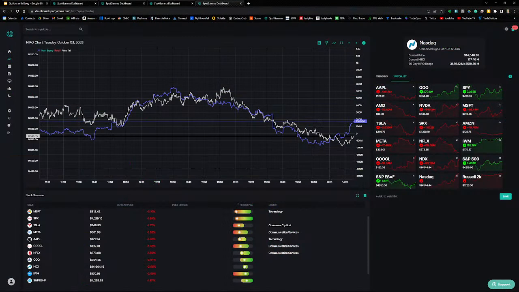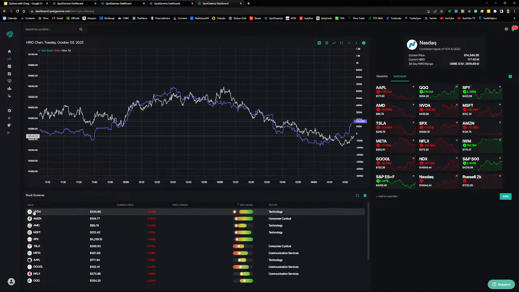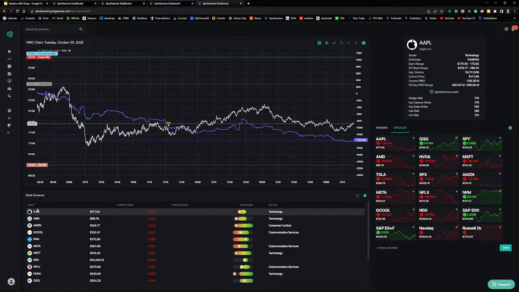Let's go back to Hero, and let's just do a quick scan of some stocks here. So Apple overall, like everything else, has negative notional value on Hero.